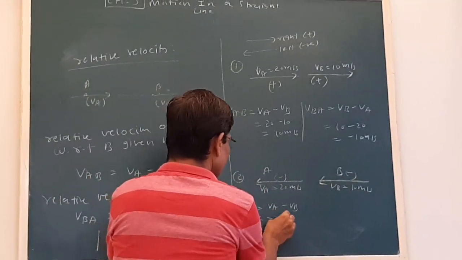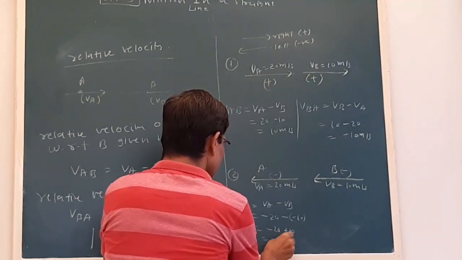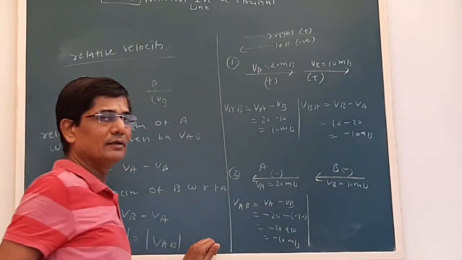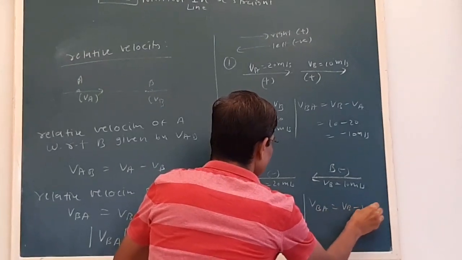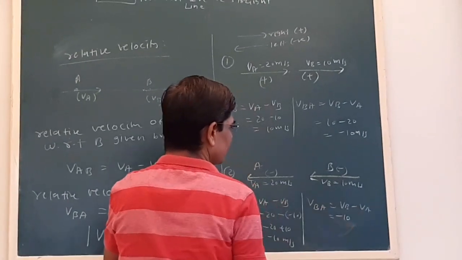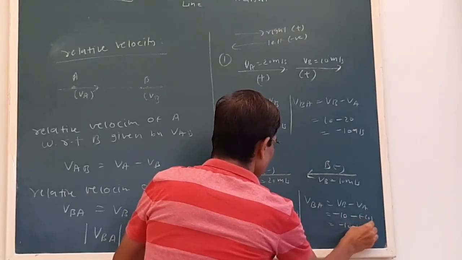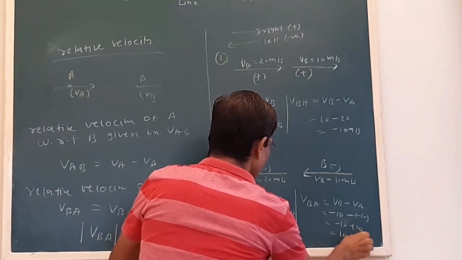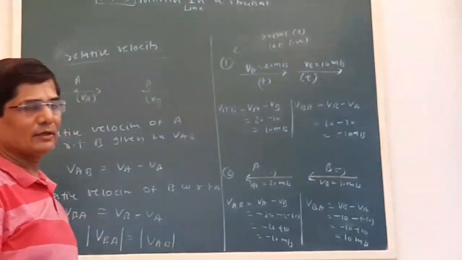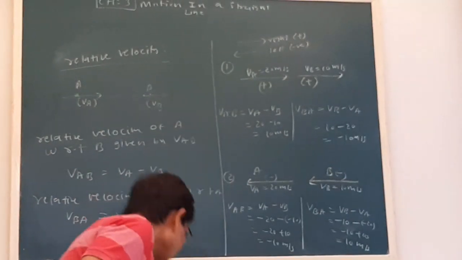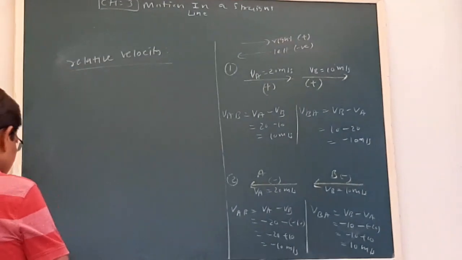So it will be minus 20 minus of minus 10, that is minus 20 plus 10. Now we find VBA. VB minus VA, VB is minus 10 minus of VA. Here also, if we talk of their magnitude, it will be the same. Now see the third possibility: both are approaching each other.